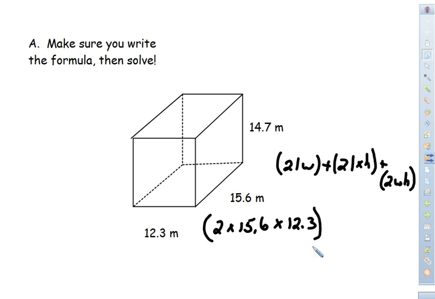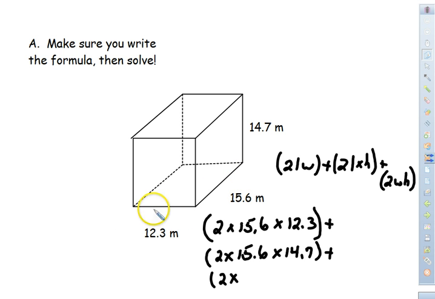So there's our first, plus 2, and I'm going to just write it right below it, times my length, which is 15.6, times my height, which is the height right here, which gives me 14.7, plus 2 times my width.